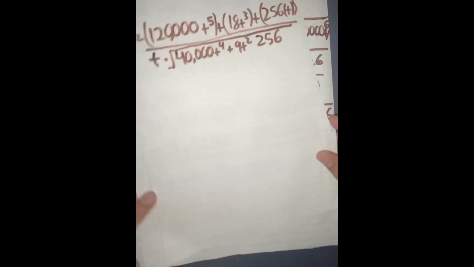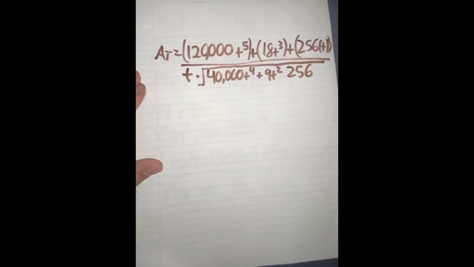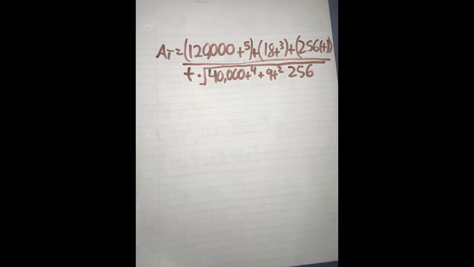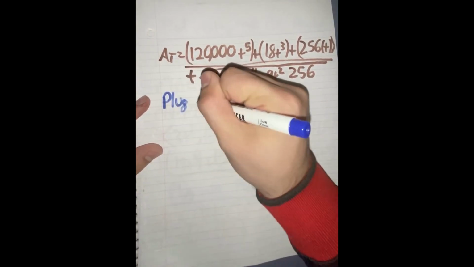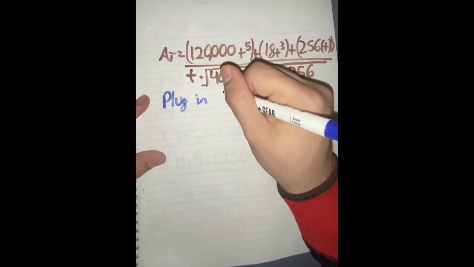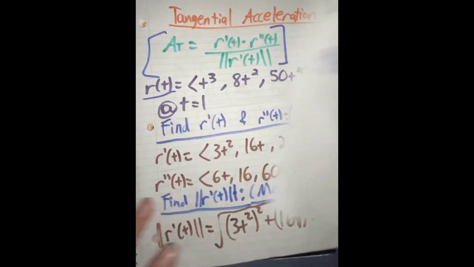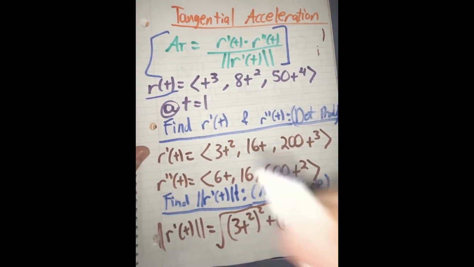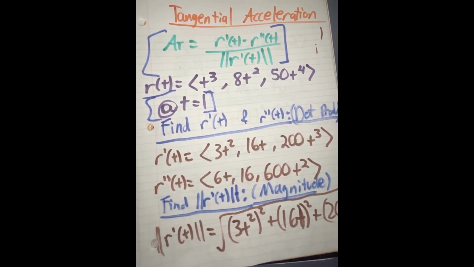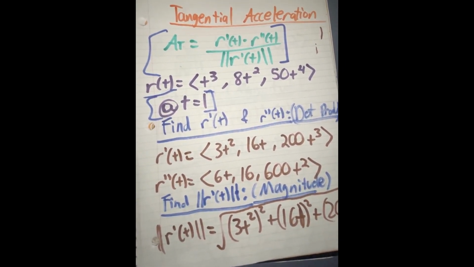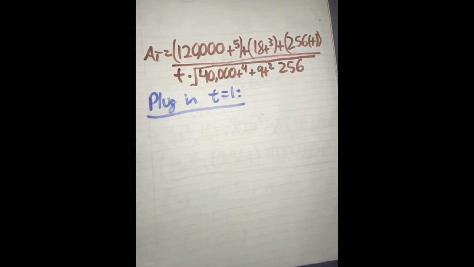So now, what's the next step? The next step before we finish computing this is to plug in time. So t was equal to 1, as given to us at the beginning of the problem. We're asked to find the tangential acceleration at a time of t equals 1. So everywhere we see t, we're just going to plug in 1.